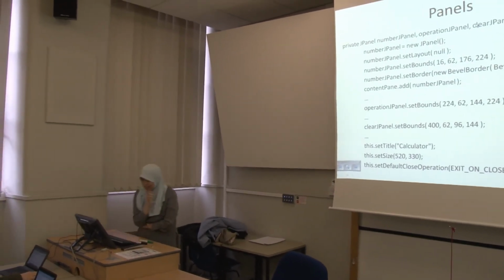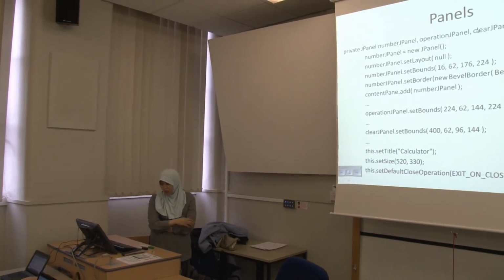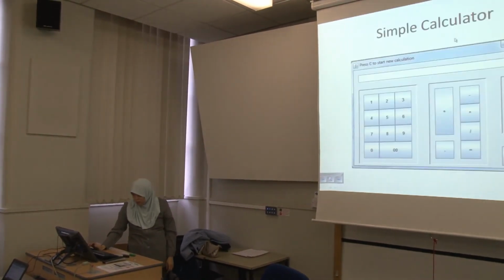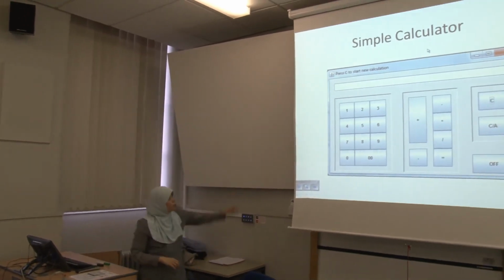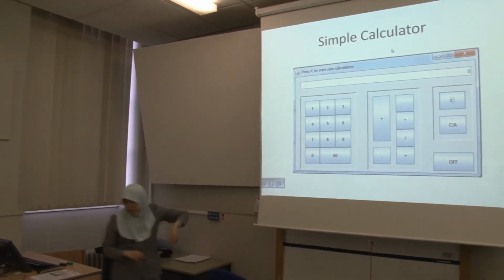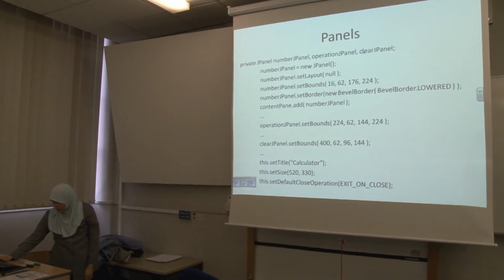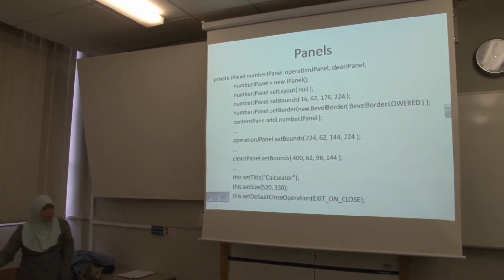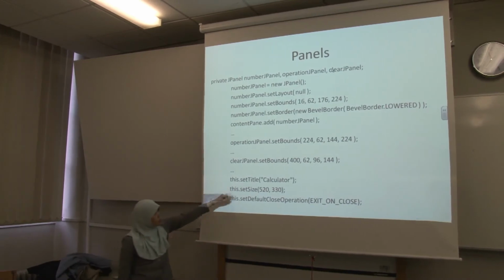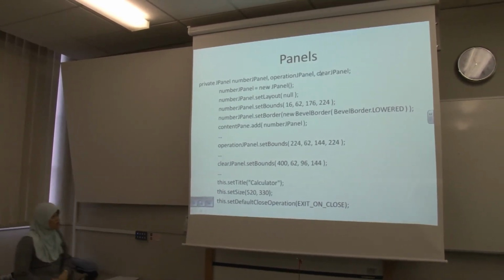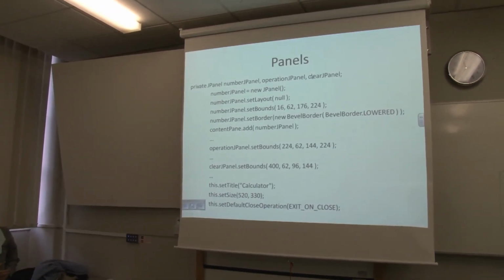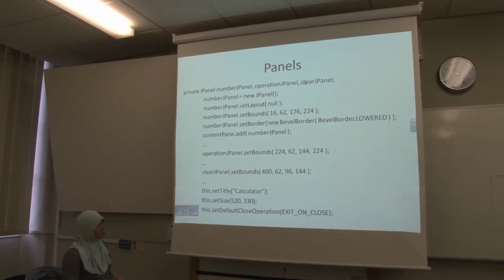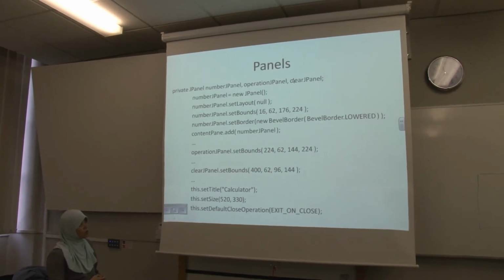Alright, okay. And then you can also set the title of the calculator, for example, press C to start the calculation. So Java has a lot of built-in functions that you can use when you use GUI.